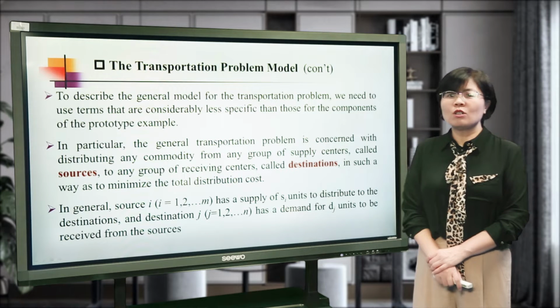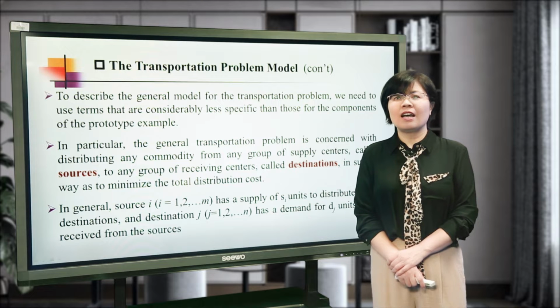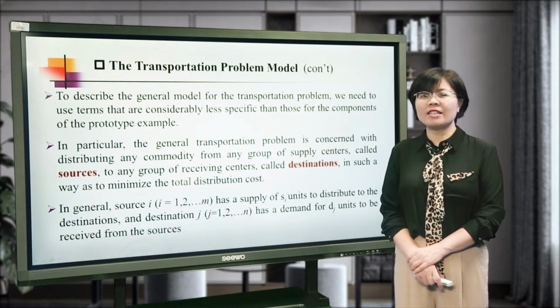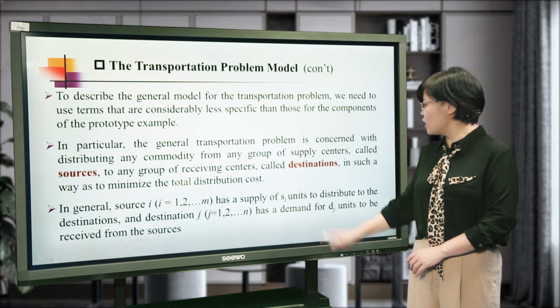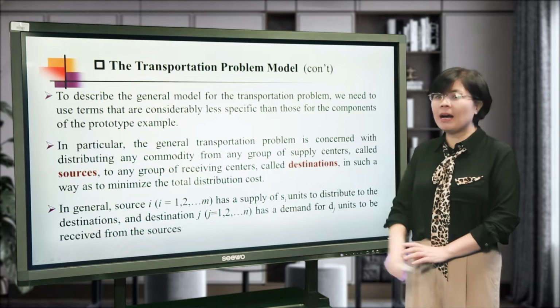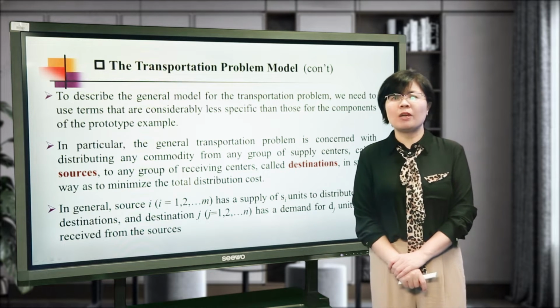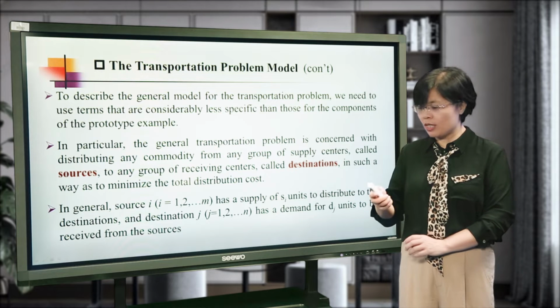In general, source I has a supply of Si units to distribute to the destinations, and destination J has a demand for Dj to be received from sources.